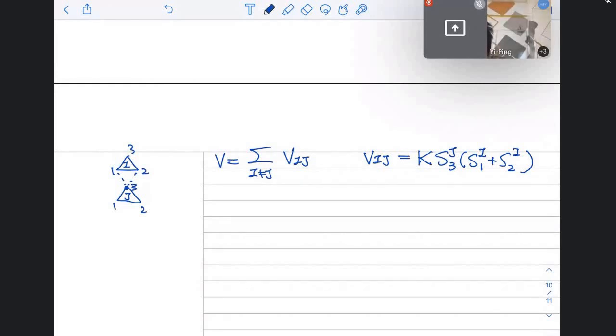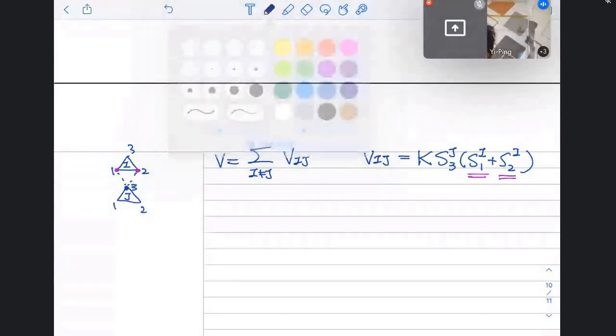So let me try to represent these spins. Okay. So let's use this simple one bucket to see what's the effect of the average over H naught.